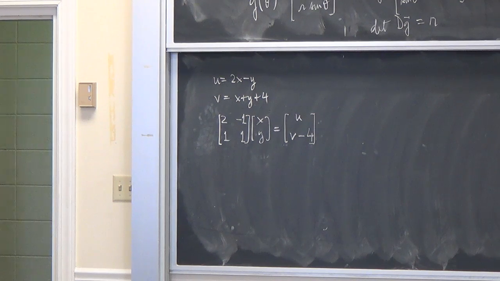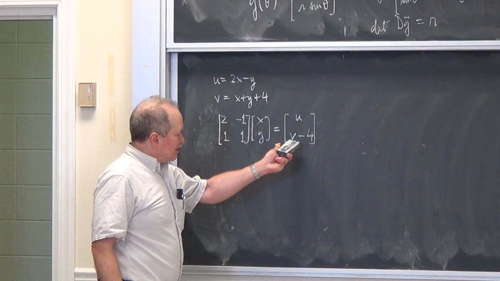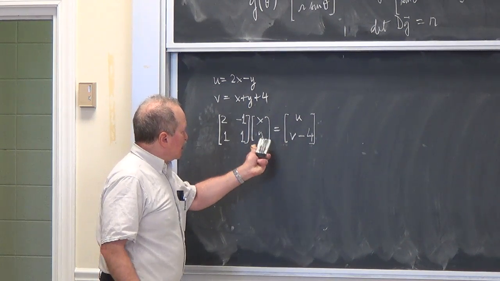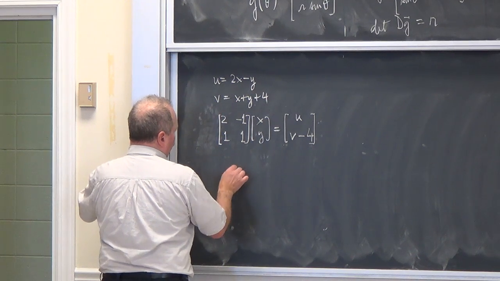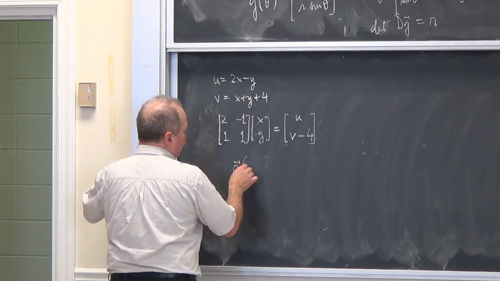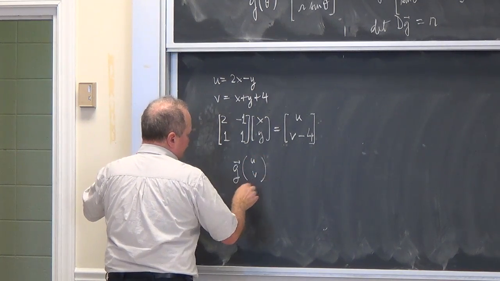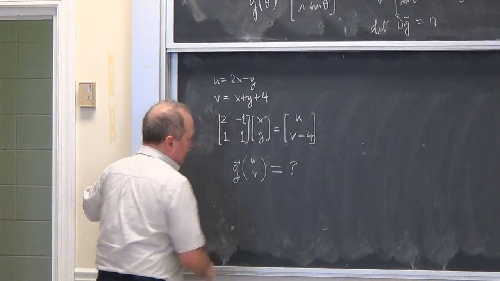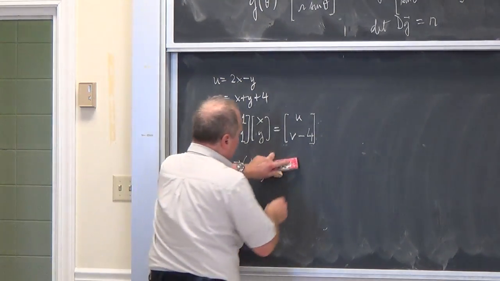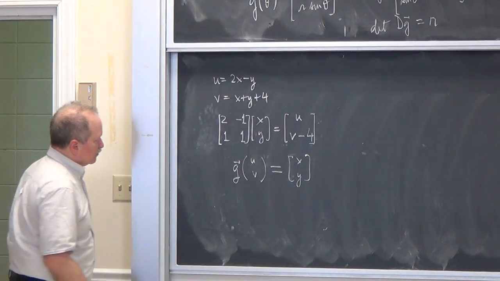Now you have a system of linear equations, and you can solve for g of (u, v). How do you give x and y in terms of u and v? I think the inverse matrix and multiply by (u, v minus 4).